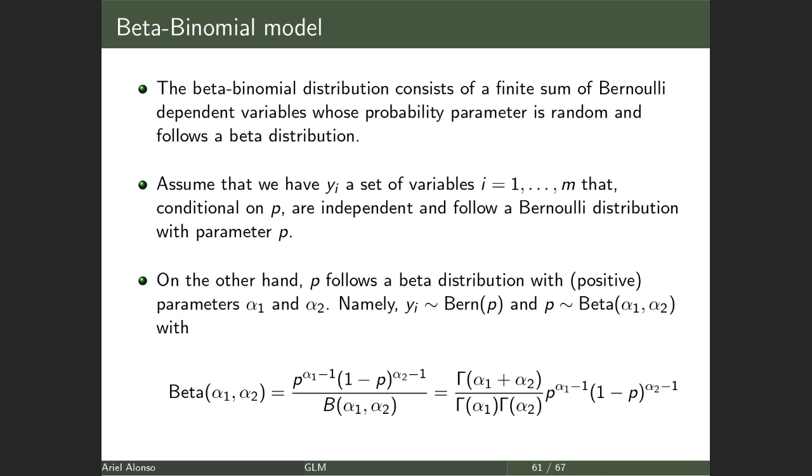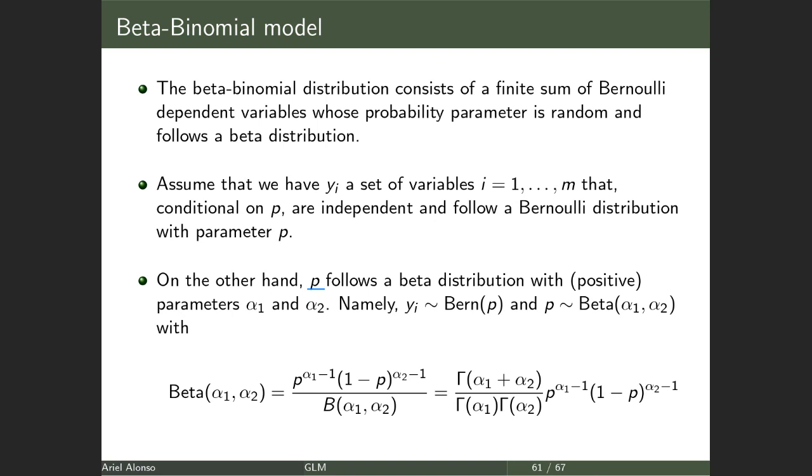Now, the next step is that we are going to assume that this P is a little bit the same as in the negative binomial. You remember for the negative binomial, we assumed that the mean of the Poisson process was itself a random variable. And we are kind of doing the same. So this probability P, we are going to assume that it follows a distribution. It's a little bit like if we were in a Bayesian framework.